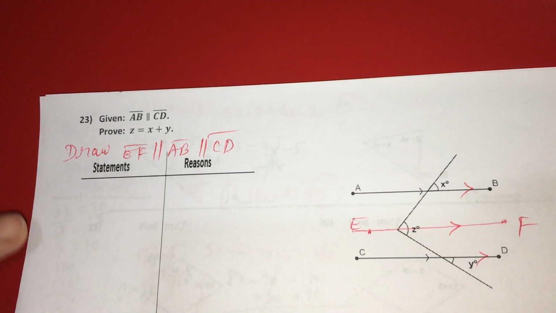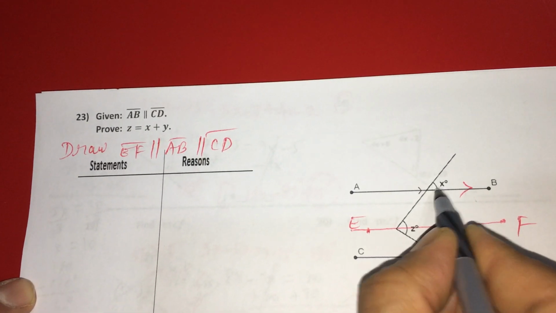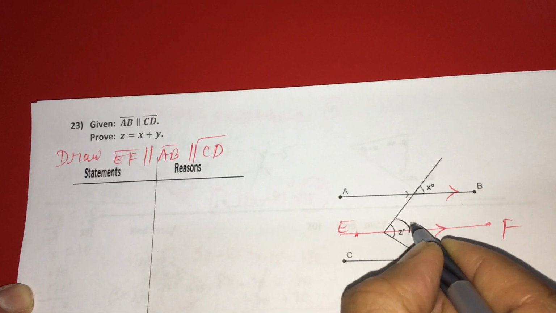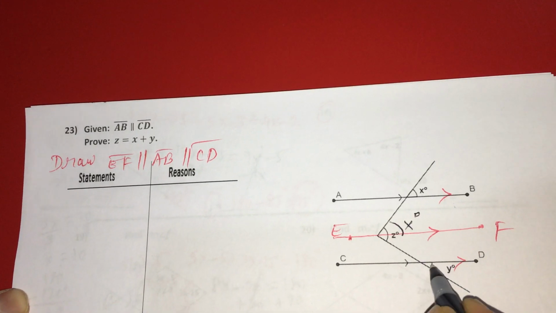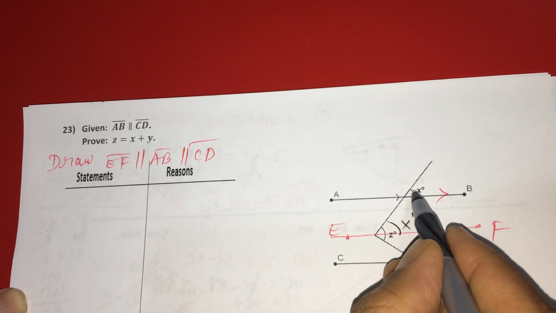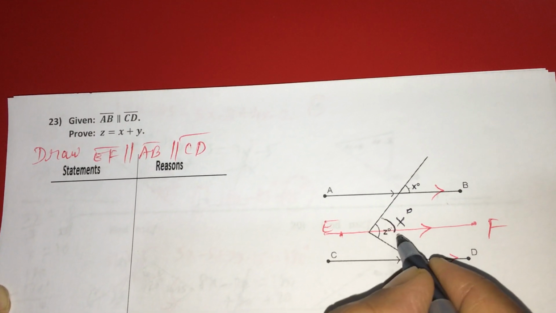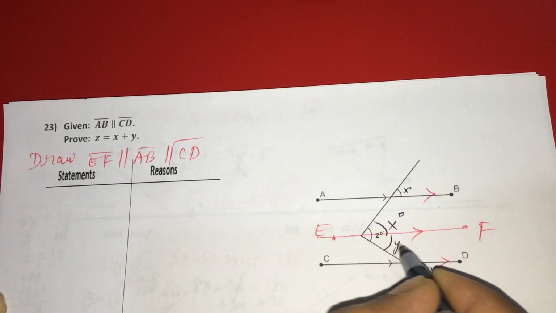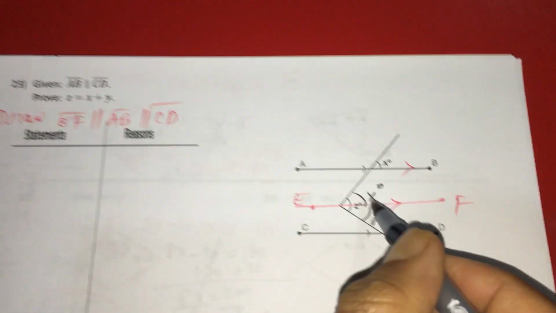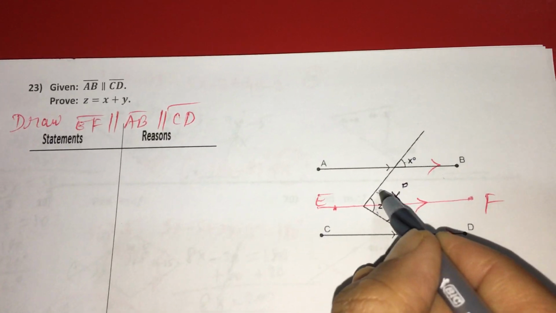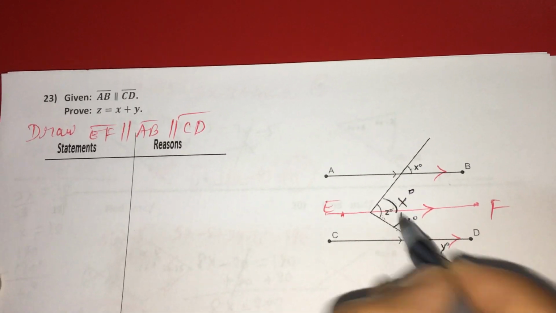What happens here, when this is x, this must be x degrees, because these two are corresponding angles, they are equal. In the same way, when this is y, this is also y degrees. They are corresponding angles. But this z is the total of this x and y. Therefore, z is equal to x plus y.